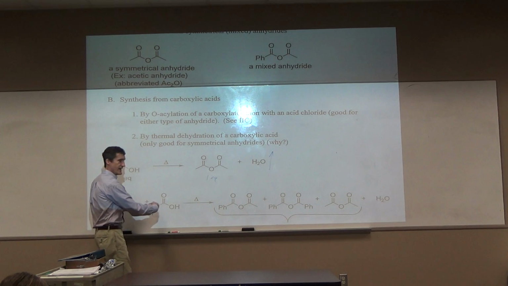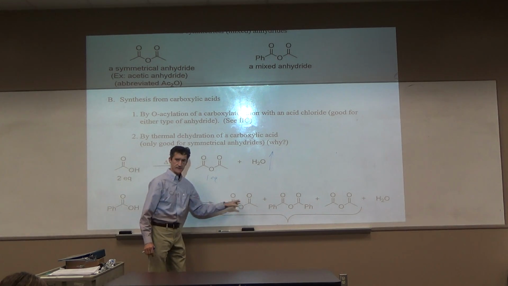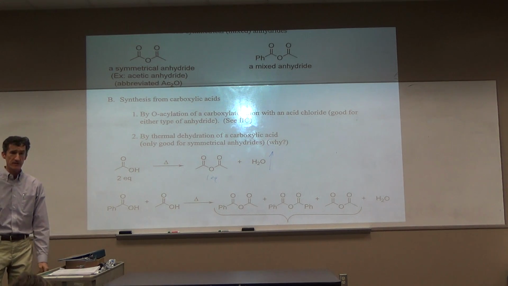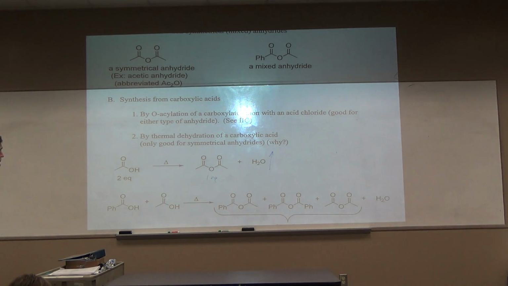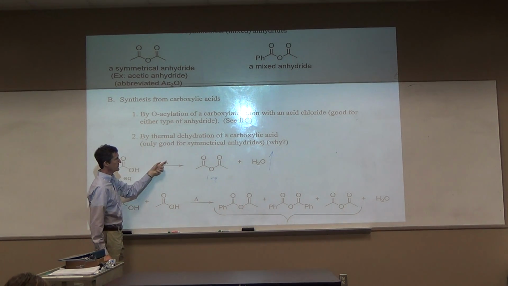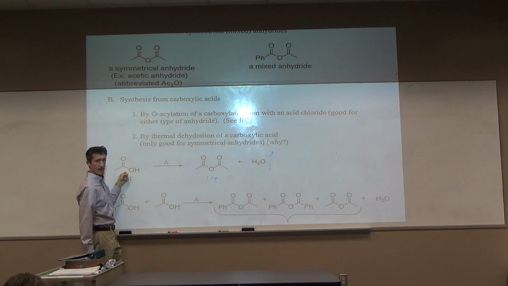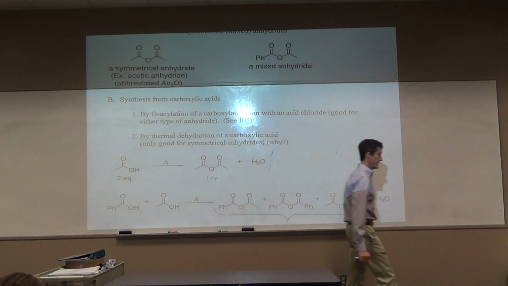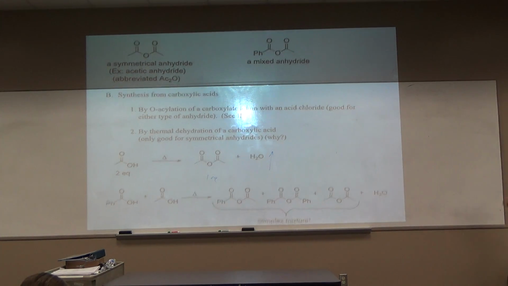Or the 2 different acids could react, giving the mixed anhydride. You're going to get 3 possible products, and they're going to be very hard to separate and purify. So the thermal dehydration, this heating to dehydrate it, only works when you want to make a symmetrical anhydride from 1 starting acid. You don't want to make a mess like that. Hard to purify.